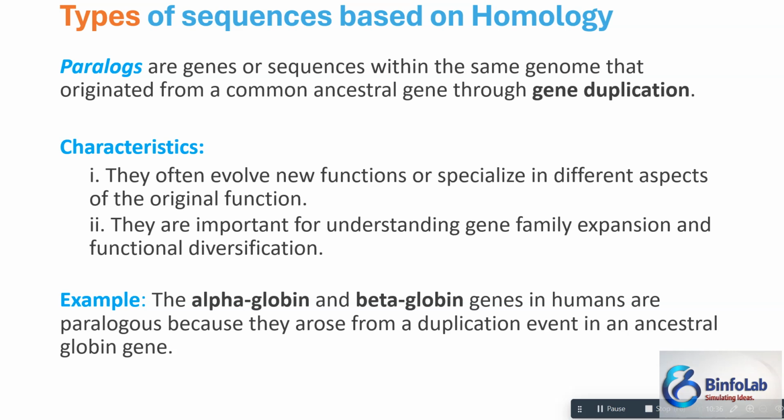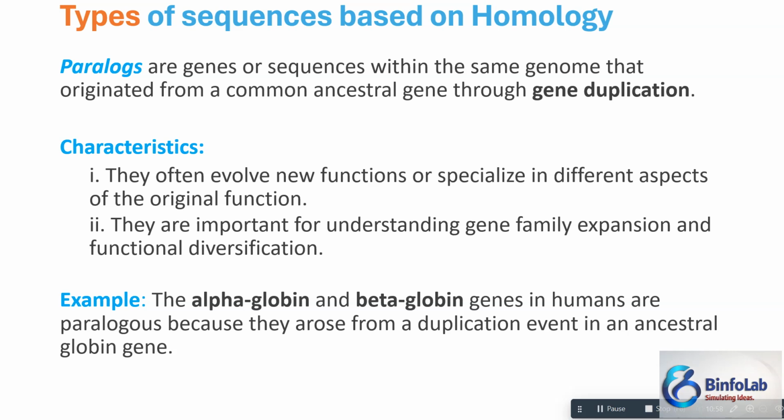But in the case of paralogs, the gene is divided into two. I would not say divided into two, but duplicated, just like in PCR we are amplifying genes. Division is something else, so that word I'm taking back. It's not divided, it's duplicated.